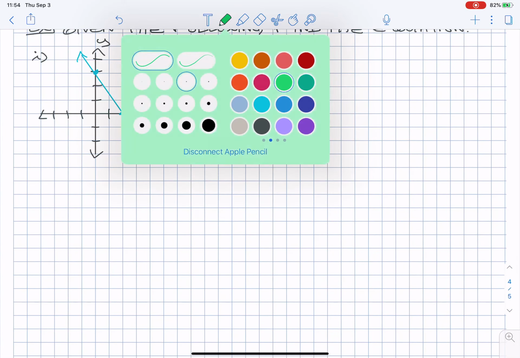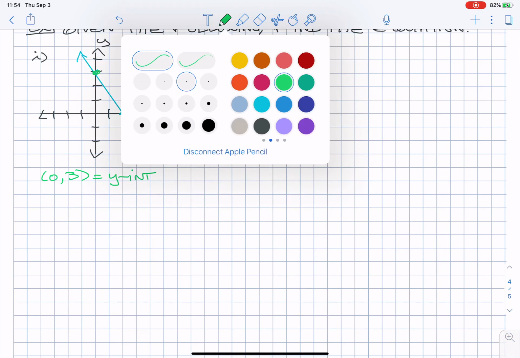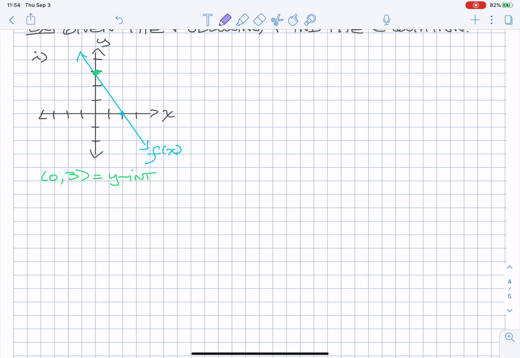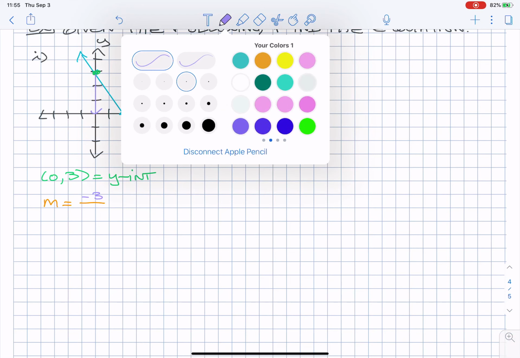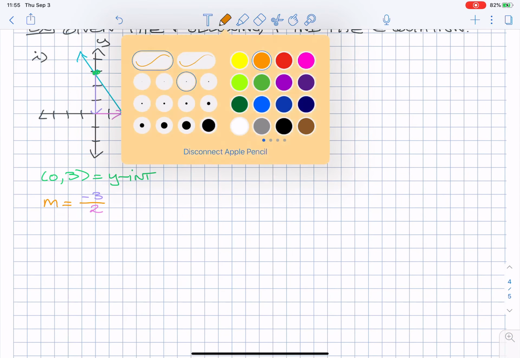So I claim that 0, 3 is the y-intercept. And I claim that my slope will be rise a -3 and run a +2. So the slope is -3/2.